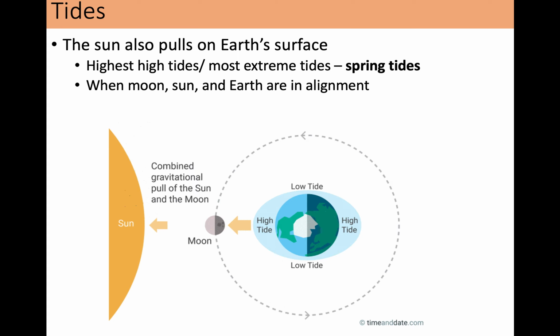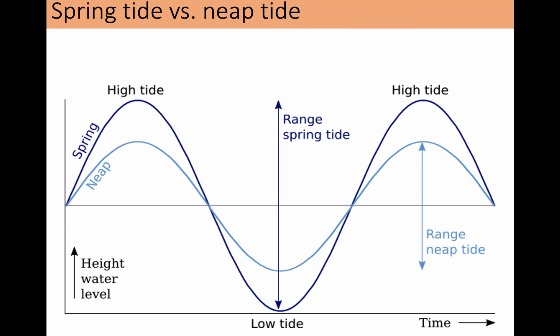This is when we have the most extreme tides, the highest high tides, and that is called spring tides. So this is where we have alignment of the sun, the moon, and the Earth. So this also happens when the moon is on the other side of the Earth. As long as they are in alignment, the two high tides, the solar and the lunar, combine, add together to be super high tides.